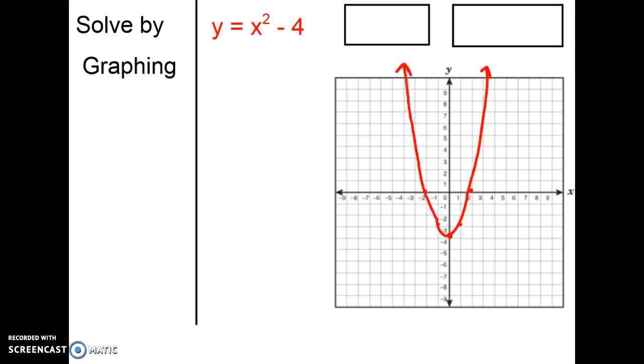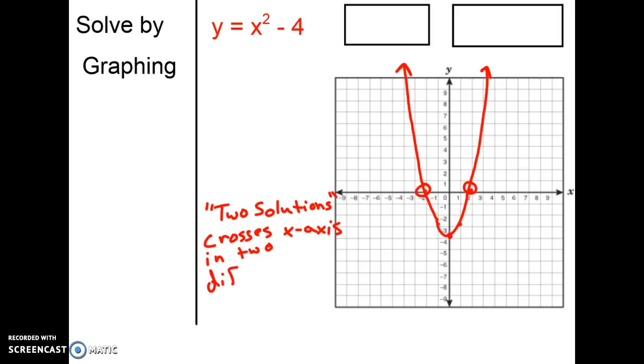This particular parabola has two solutions, as you can see, because it crosses the x-axis in two different spots.